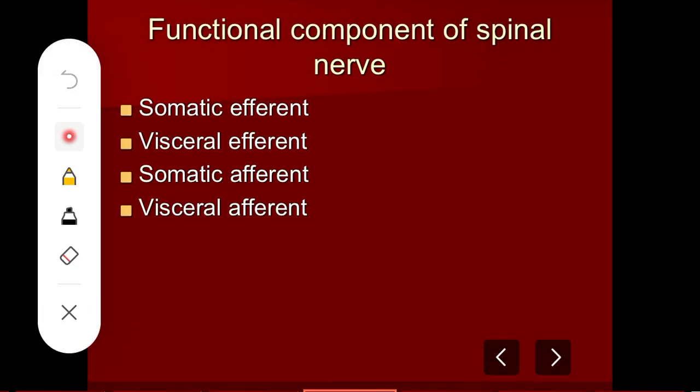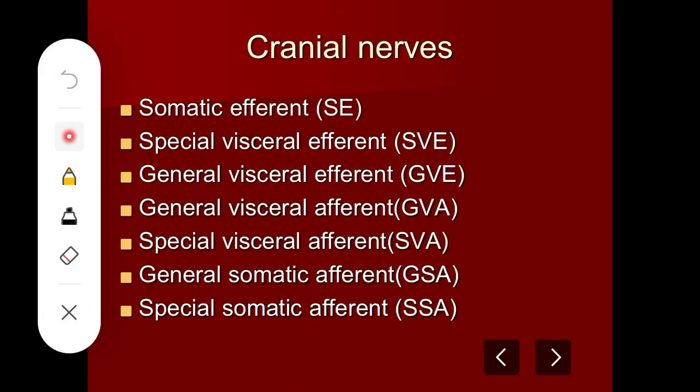So now we come to the cranial nerves. What are the functional components you find for the cranial nerves? You should remember, cranial nerves have got 7 functional components. Out of this, 3 are motor, 4 are sensory. Fine. Read that list.